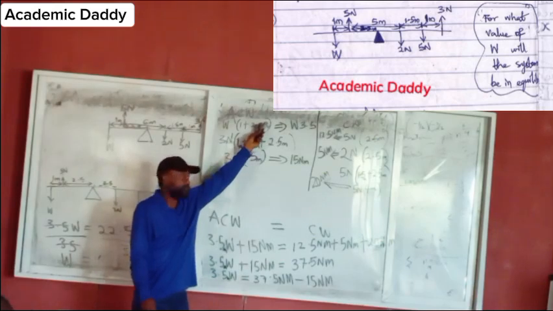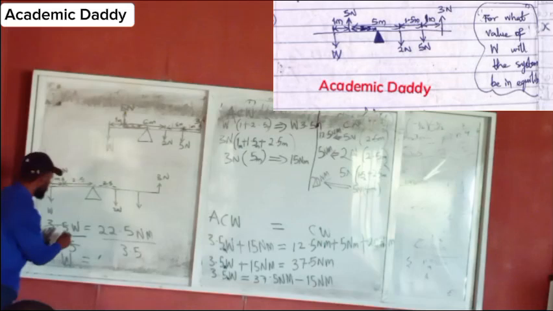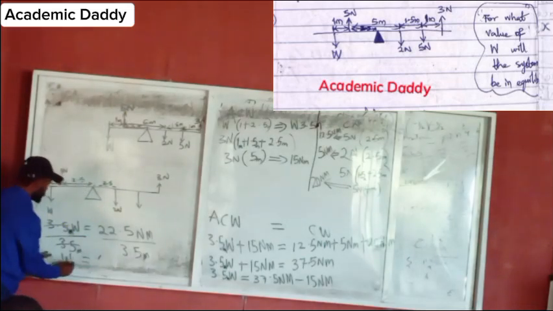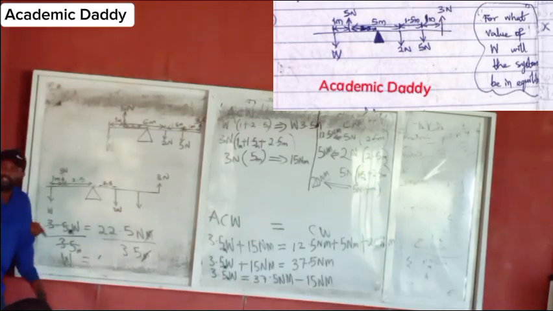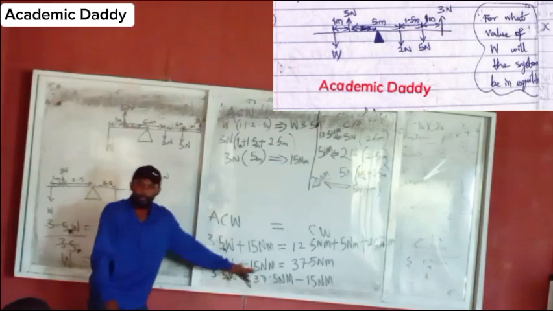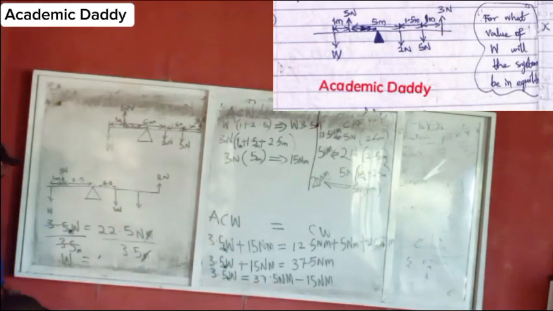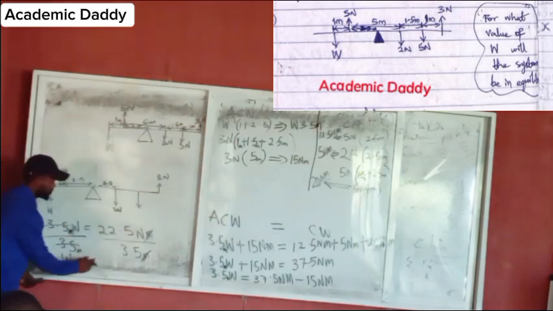So I need to put it here, 3.5 meter W, so that I can cancel and write it in Newton. But if it will confuse you, don't put the unit. The unit is important because, if you don't put it while doing this, you might end up summing even the W. Some people are like that. So look for me: 22.5 divided by 3.5, what do we have?